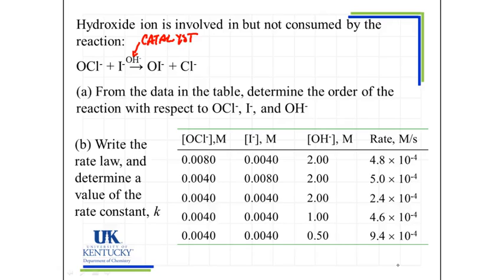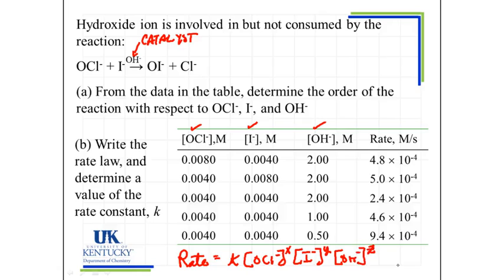rate. So we see that in our experimental data, we not only have the reactants OCl minus and I minus, we also have included some data about OH minus's concentration and how it affects the rate. So the general form of the rate law will be rate is equal to k times the reactant OCl minus raised to some power, the reactant I minus raised to some power, I'll call it y, and the catalyst OH minus raised to some power.